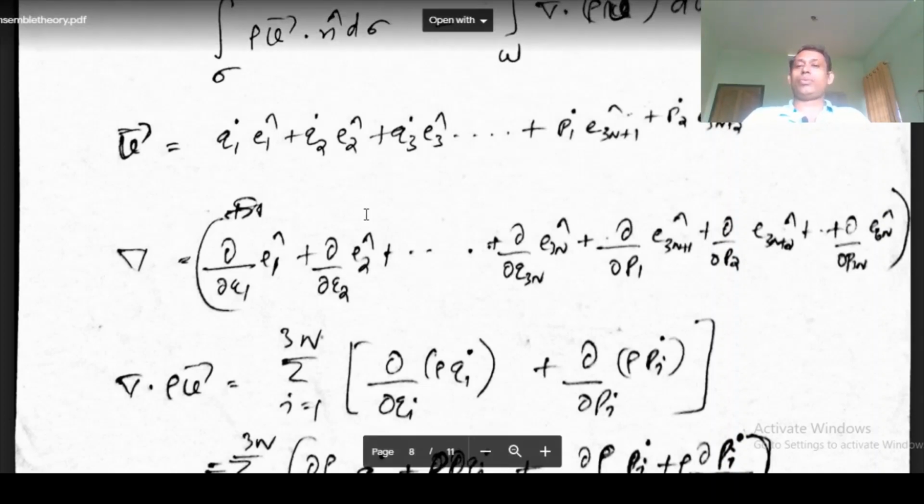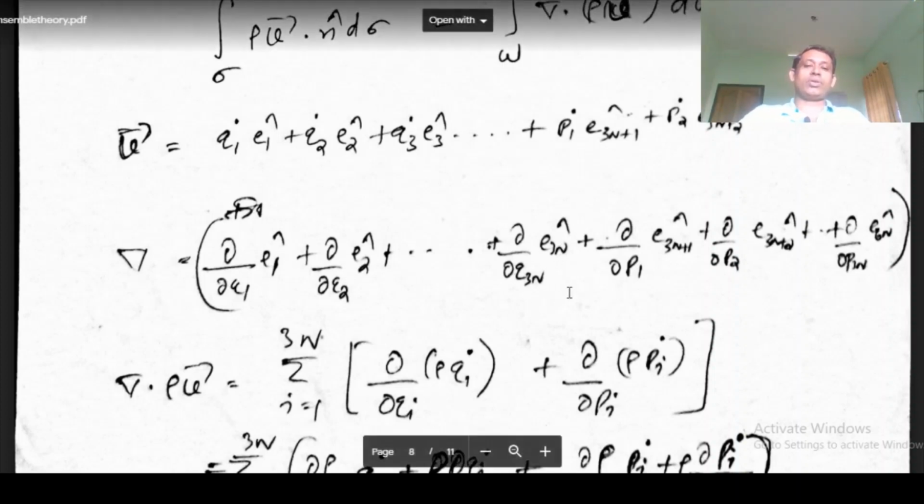We know the form of del in 3-dimensional space, isn't it? ∂/∂x of i plus ∂/∂y of j plus ∂/∂z of k, that we know. Here we are considering a 6n dimensional space. So del will be ∂/∂q1 of the unit vector, ∂/∂q2 unit vector, up to ∂/∂q3n unit vector.